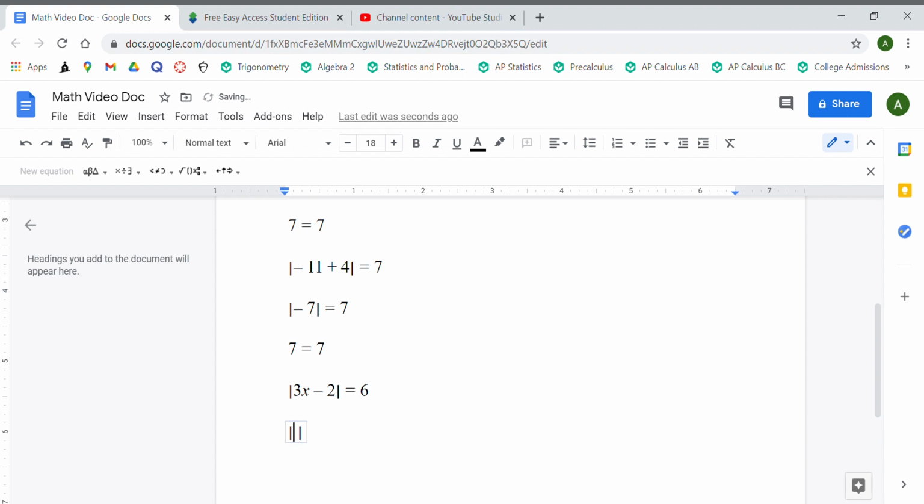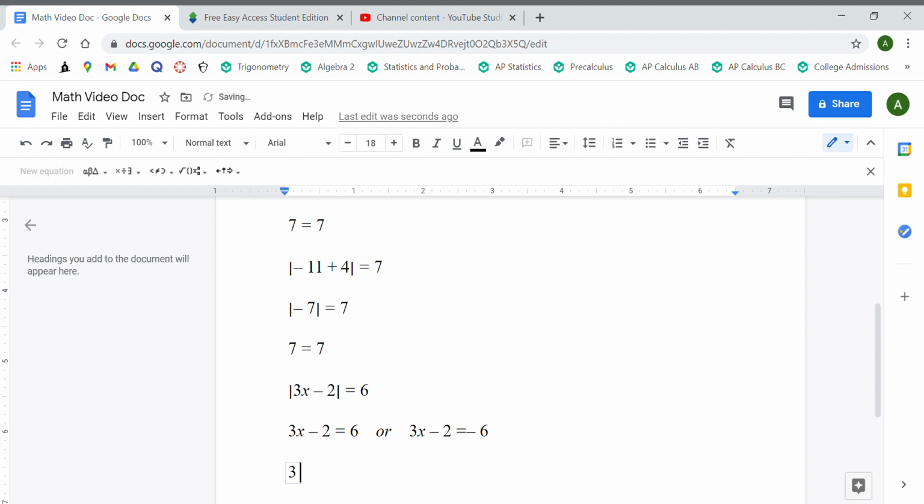Alright, so we have the absolute value of 3x minus 2 equals 6. We should take the absolute value away. We should have 3x minus 2 equals 6. Same thing here, and same thing here, except we have the right side negative. Now notice, alright, so now we just solve from here.